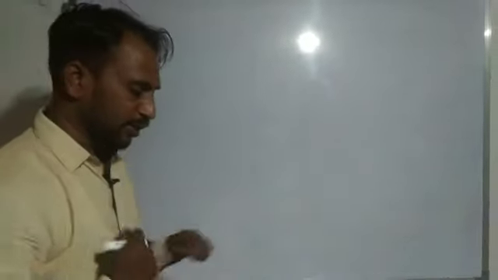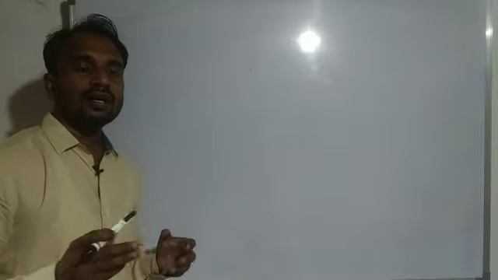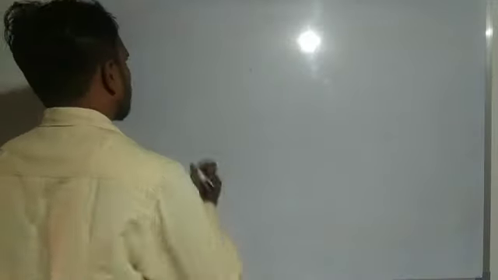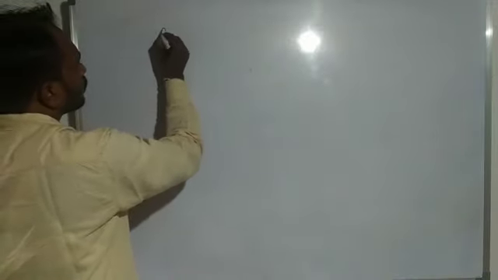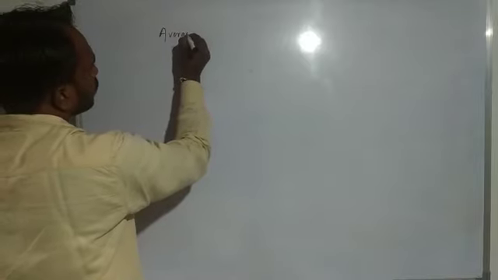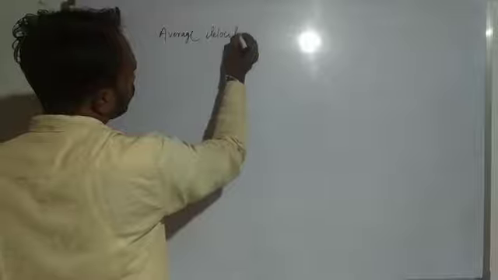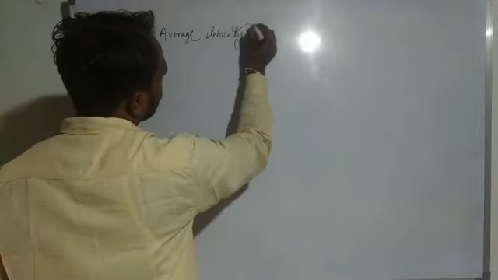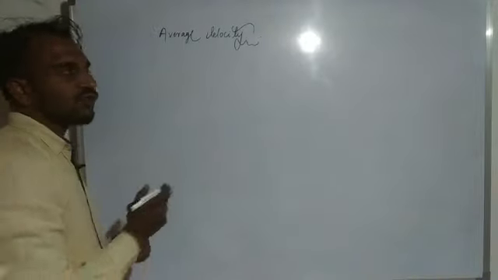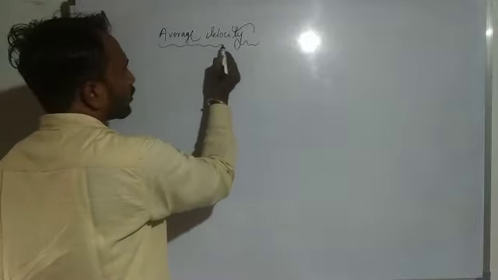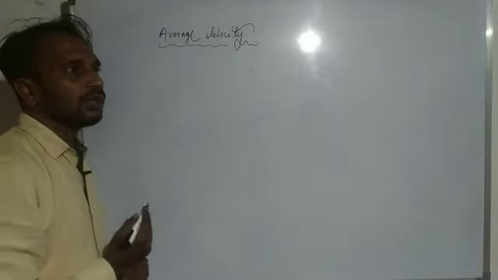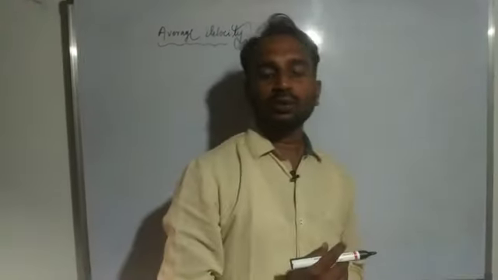First is average velocity. You already know that it is total displacement by total time taken.